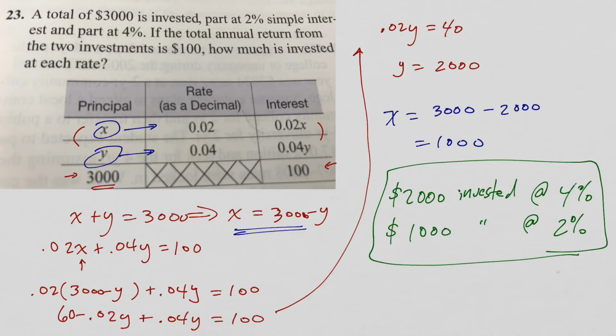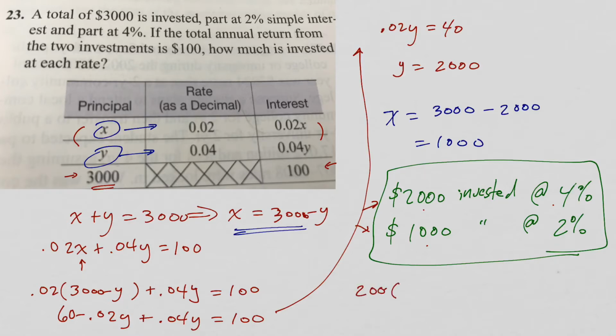When you check this, there's a total of 3,000 invested altogether. That's just the sum of these two amounts. And then if you multiply 2,000 by 0.04 and get the amount of interest made there, and you multiply 1,000 by 0.02 and get the amount of interest made there, and you add those amounts up, you should get $100.